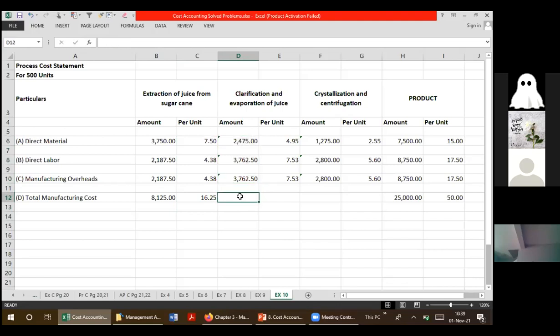All three added together are 10,000. Per unit cost should add up to be 20, or 10,000 divided by 500, 20. Process 3 costs add up to 6,875. And the per unit cost adds up to be 13.75.